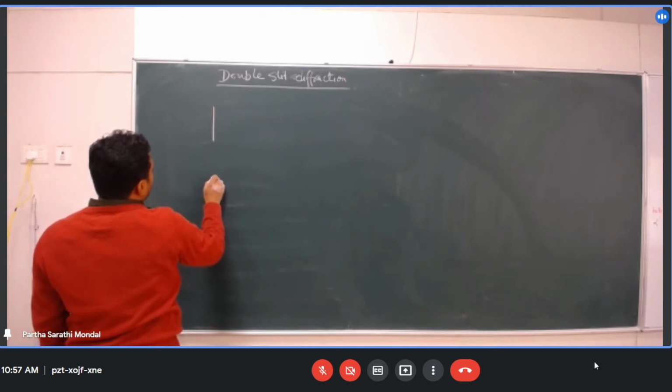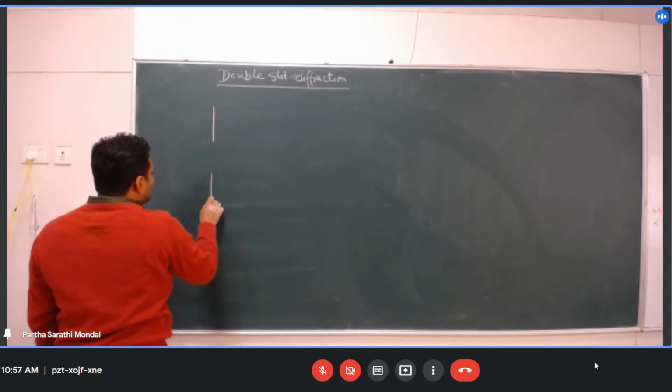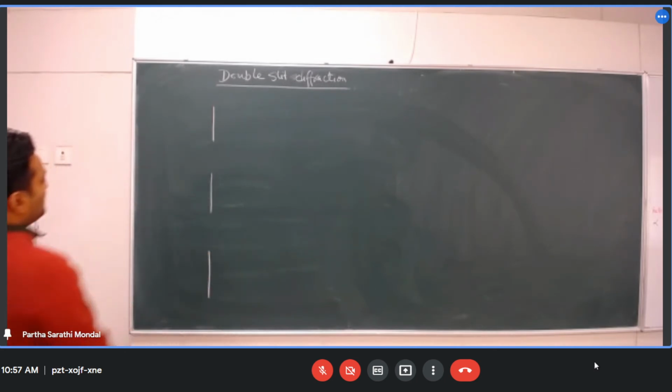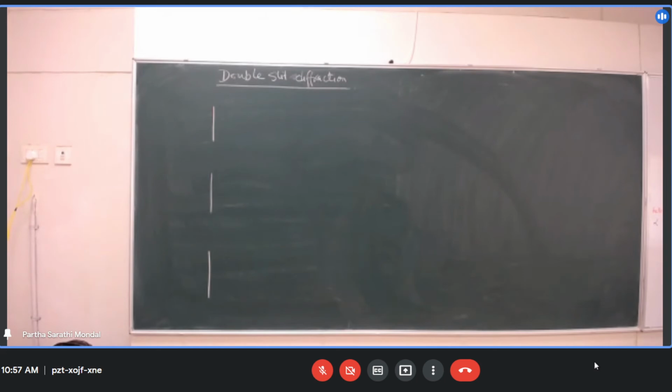For simplicity, let's take two identical slits, meaning both openings are identical, and they are separated by a distance d.